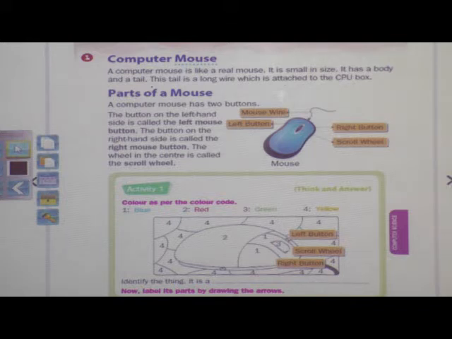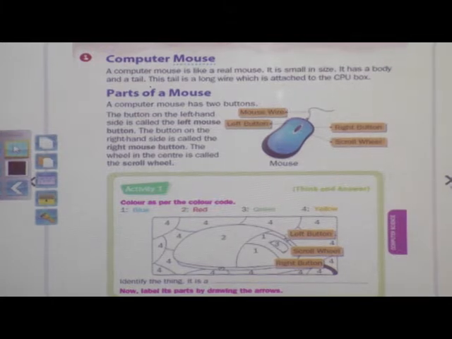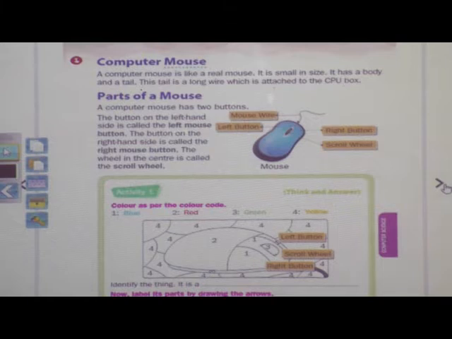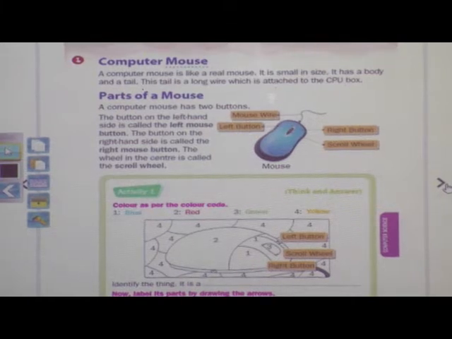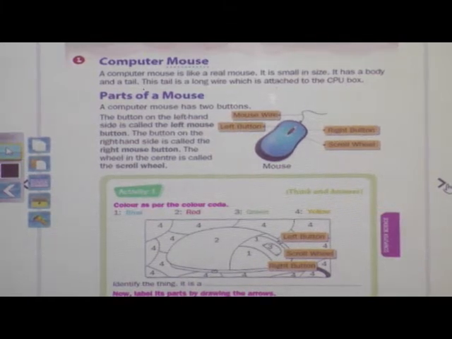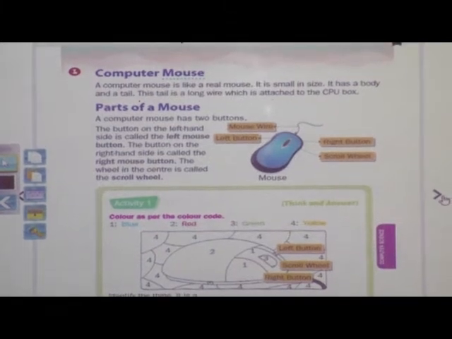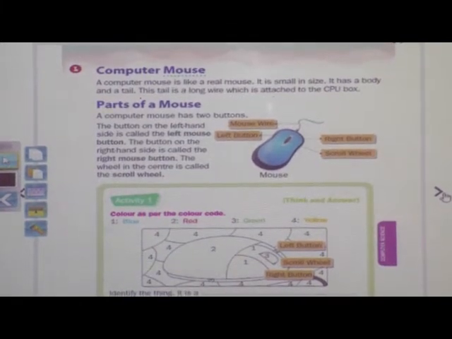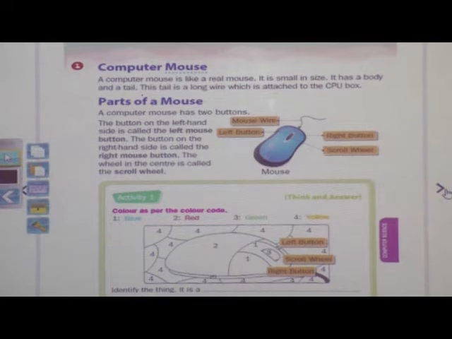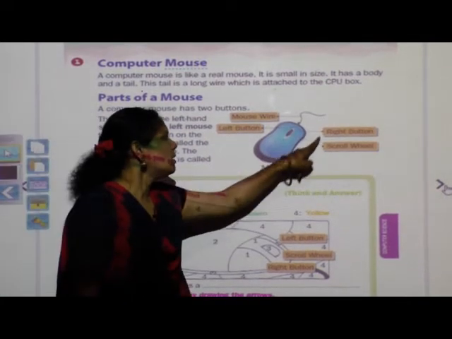Now we have seen the parts of the mouse. A computer mouse has two buttons. The button on the left hand side is called the left mouse button. The button on the right hand side is called the right mouse button. The wheel in the center is called the scroll wheel. So this is your mouse.